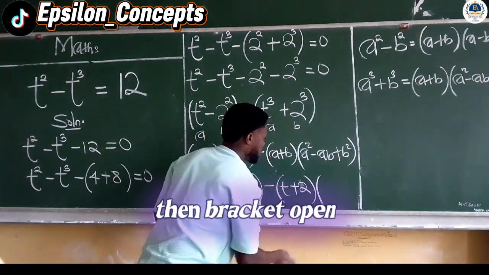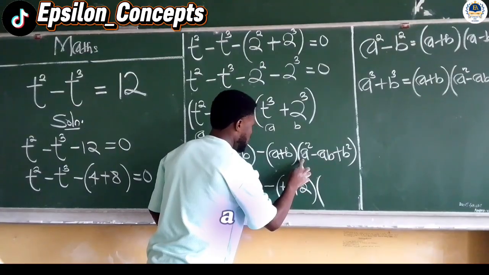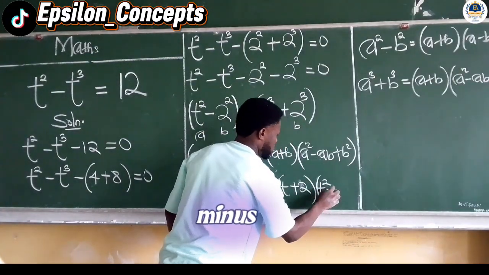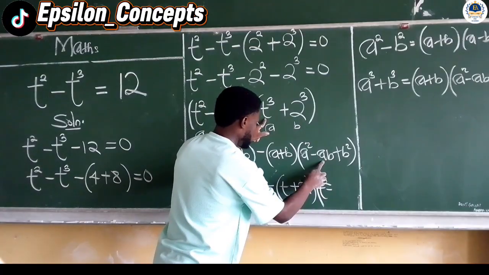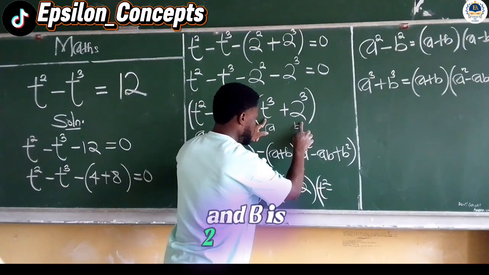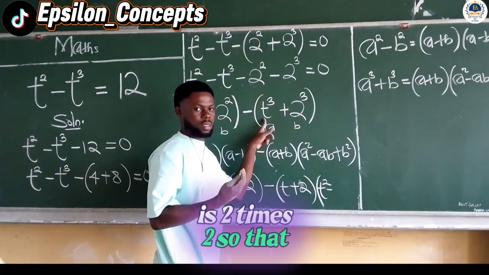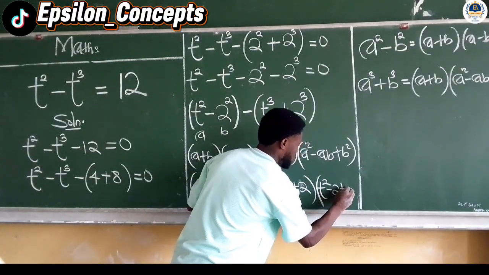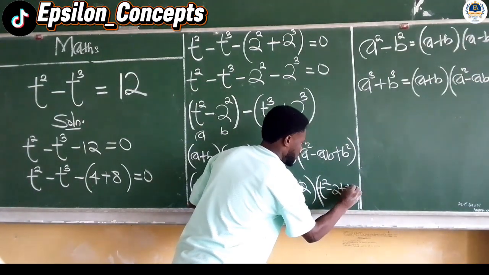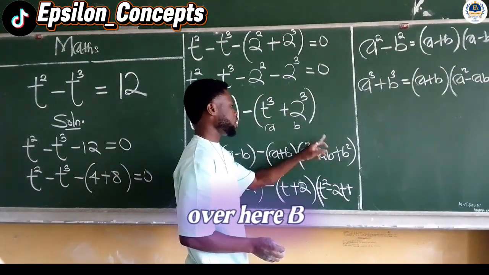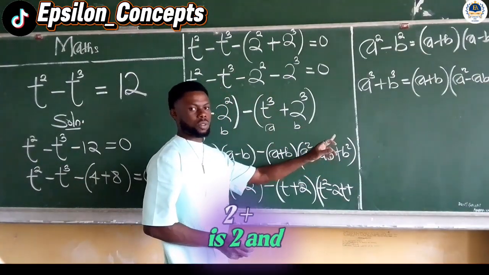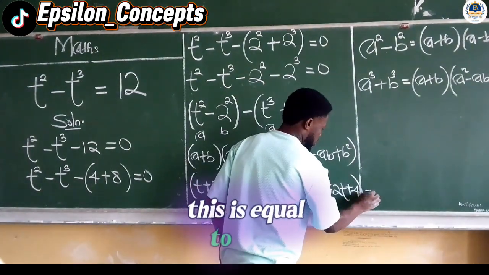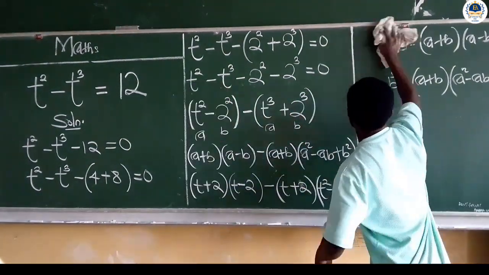Then bracket open again. a is t, so t squared, minus a is t and b is 2. So that is 2 times t, which gives minus 2t, plus, over here b is 2 and 2 raised to the power of 2 gives 4. This is equal to 0.